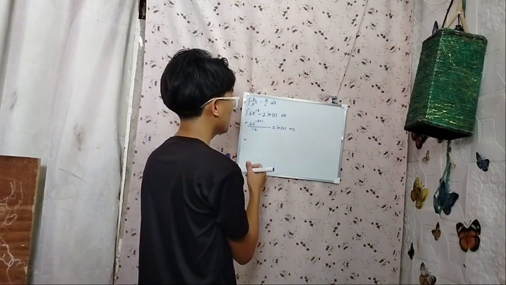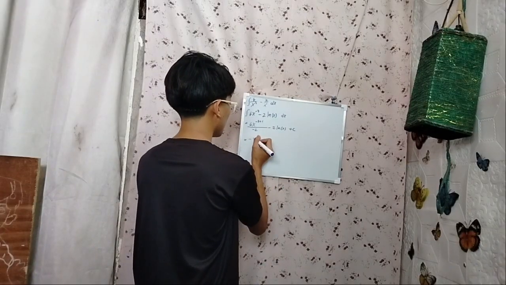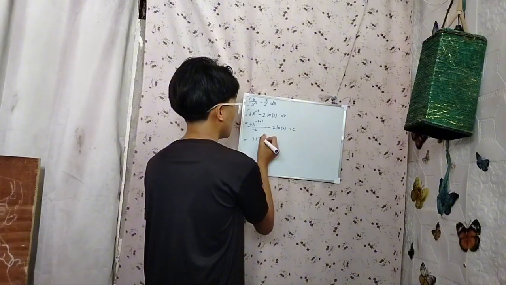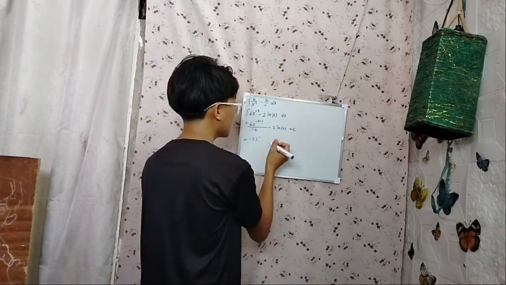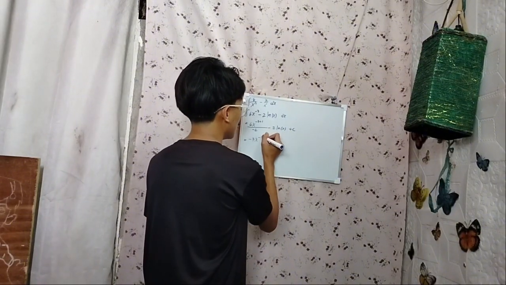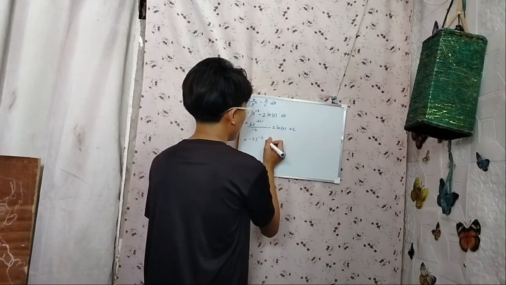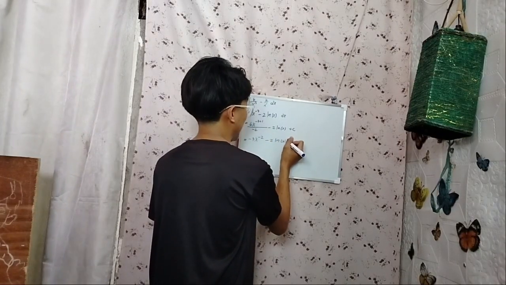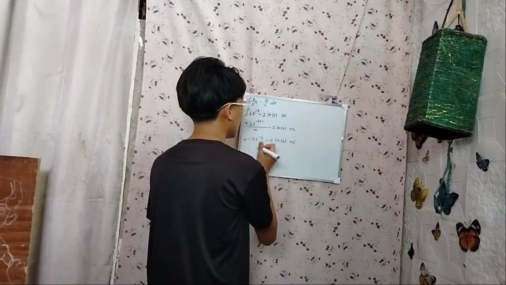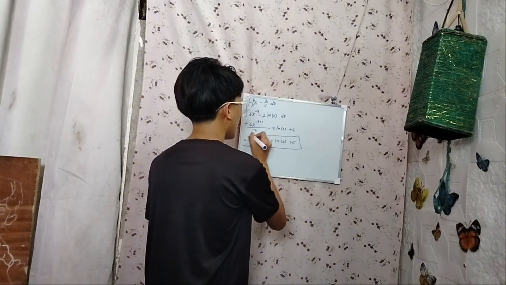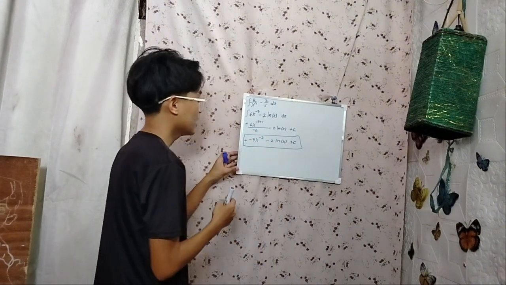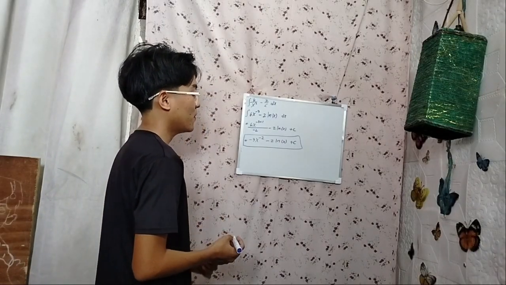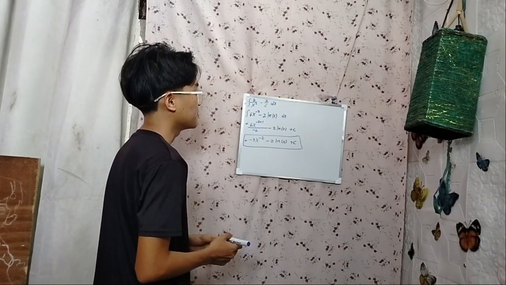Then 6 divided by negative 2, so negative 3x raised to the power of negative 2 minus 2 ln of x plus c. And this is the final answer: negative 3x raised to the power of negative 2 minus 2 ln of x plus c.